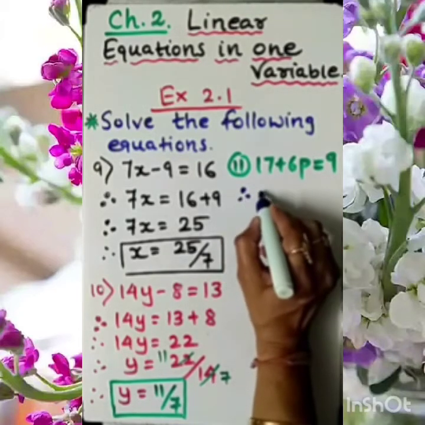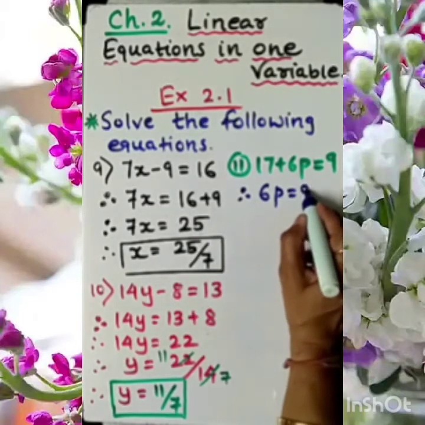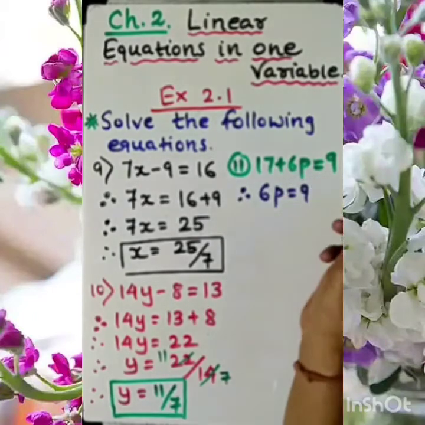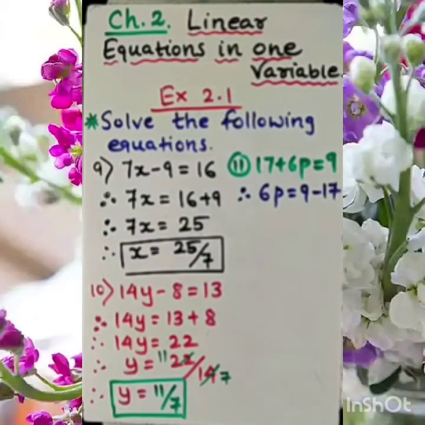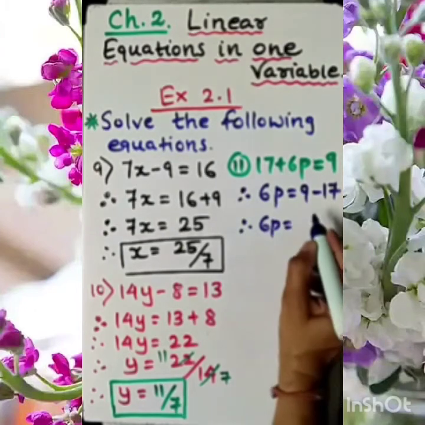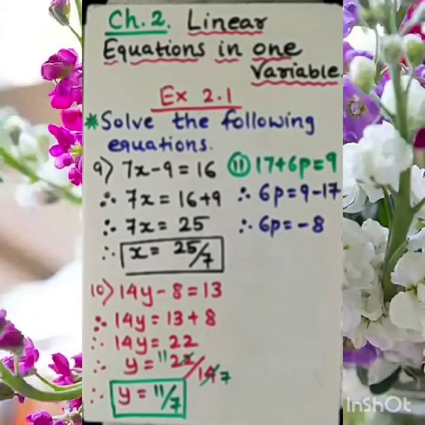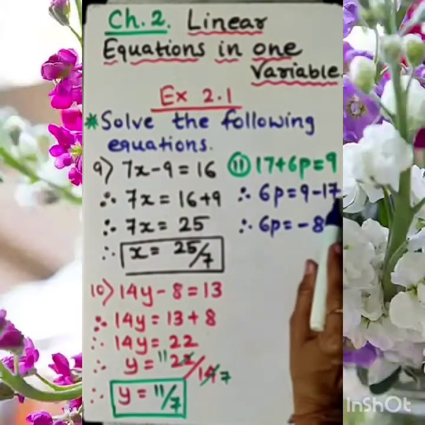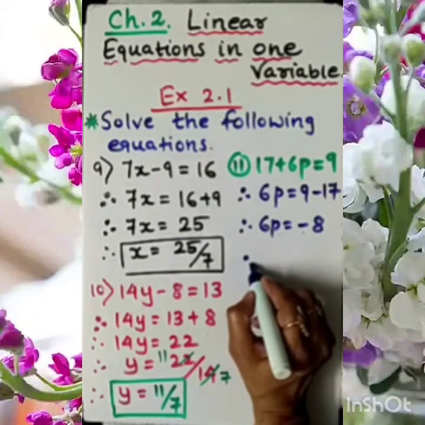Now, I am keeping 6p as it is. This plus 17 I am transposing to that side, that is minus 17. Therefore, next step, 6p equal to 9 minus 17, which gives minus 8. As we know, it is a subtraction and the bigger number's sign is negative, so here it will be minus.